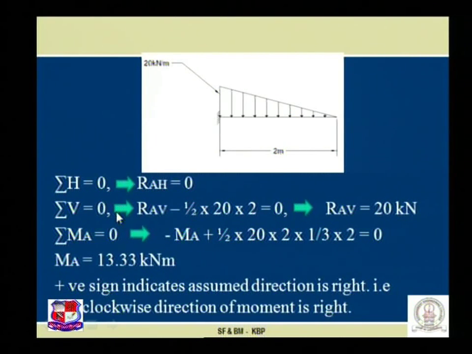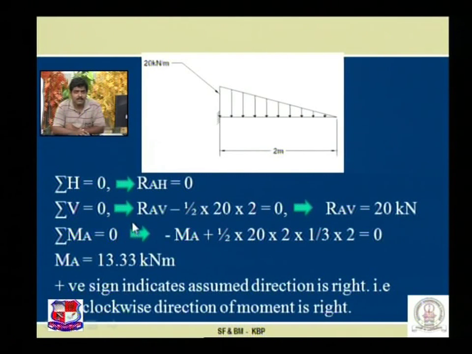Sigma V is equal to 0, where RAV is assumed upward. So RAV, which is plus as per our sign convention for reaction, minus the triangular load acting downward, that is the area of the triangle, half into 20 into 2, and we achieve RAV as 20 kilonewton. The plus sign indicates that our assumed upward direction of RAV is right.